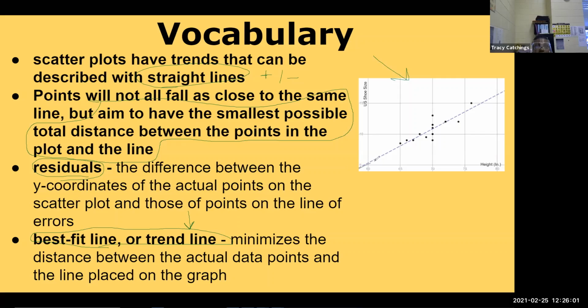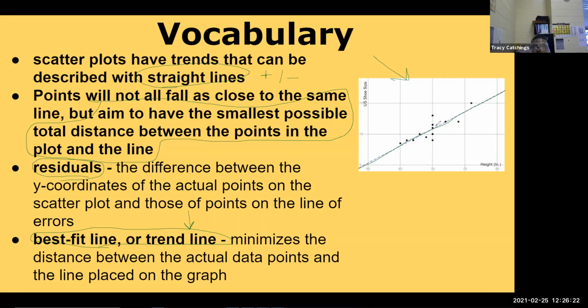Think again. Look at this line. About how many points would you say are above it, and about how many points are below it? About 8 points are below. Okay, what about above? 4.